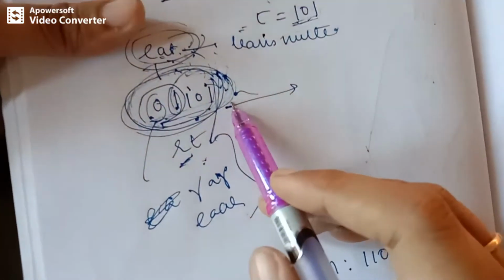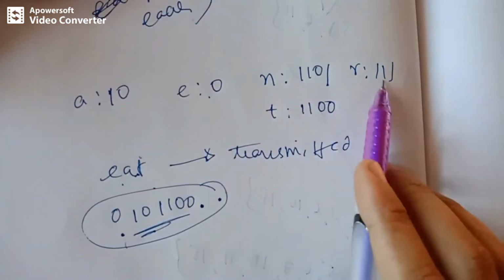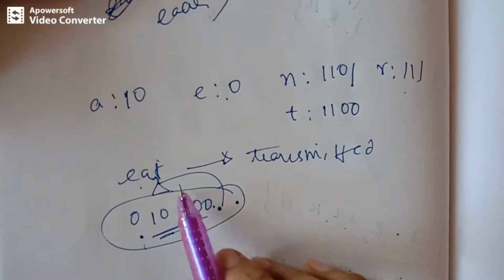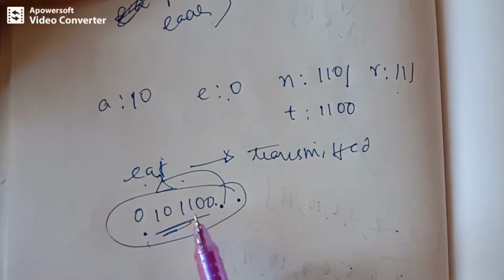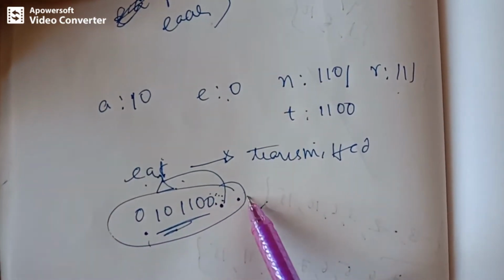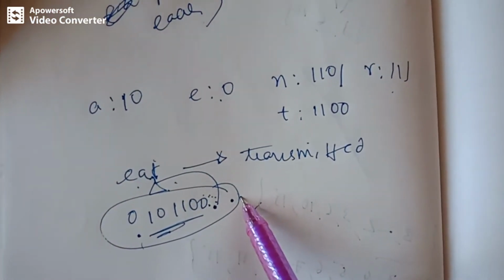That's why the coding scheme should be strong. Here you can observe that no such code is the prefix to other codes. Therefore, it is just EAT that we will get. We are not going to get any other words apart from EAT for this particular sequence. Therefore, this can be decoded correctly, and it is a strong coding scheme.